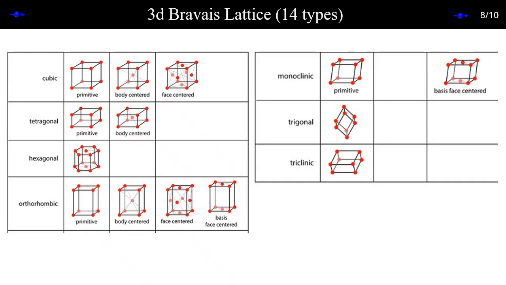Somehow this is not working, but anyway, these are the 3D Bravais lattices. Previously it was 2D, now 2D to 3D. Things are difficult, but overall you'll understand. Previously we had a square. Now in 3D it will be a cube, one type. I mentioned always put some atoms in between.